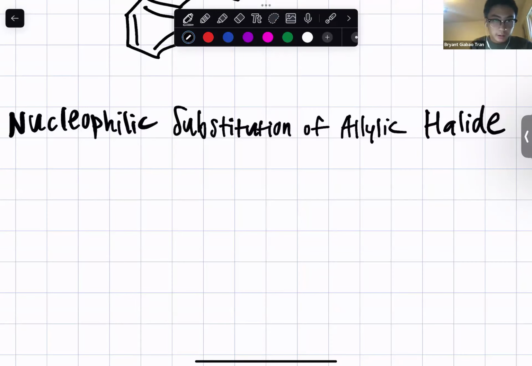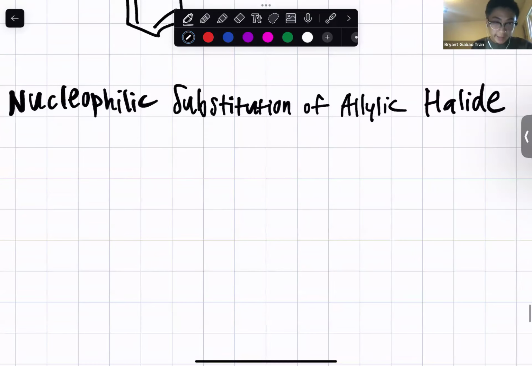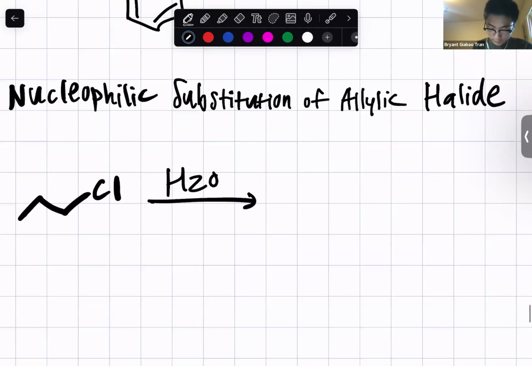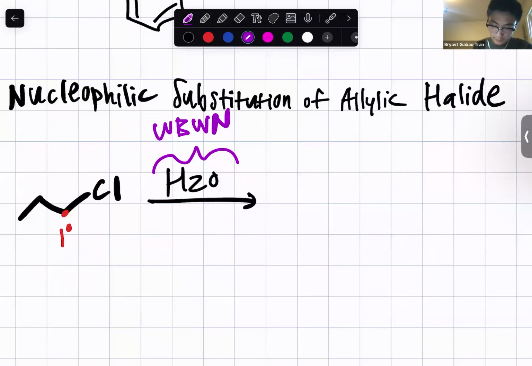Okay. So in 118A, let's say we have this primary substrate and we try to react that with H2O. This is a primary substrate here, and water is a weak base, weak nucleophile.